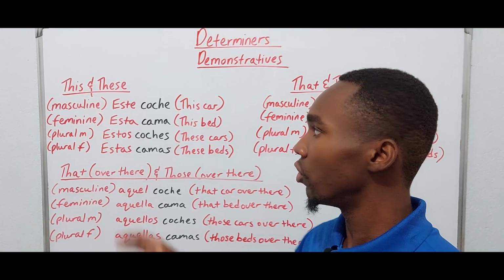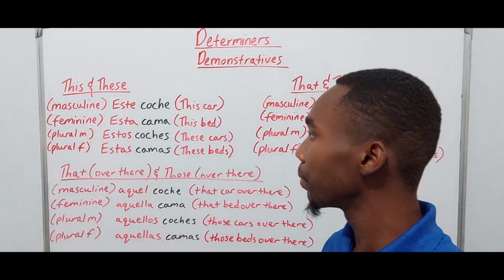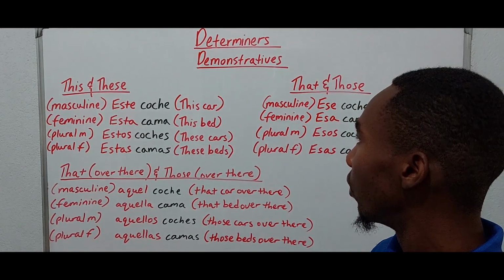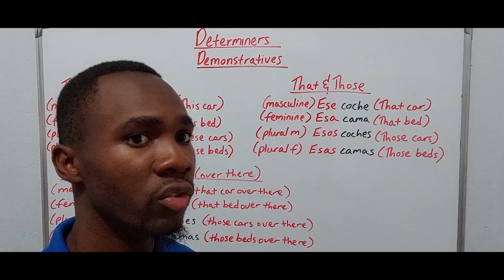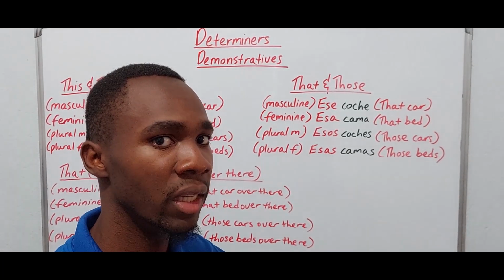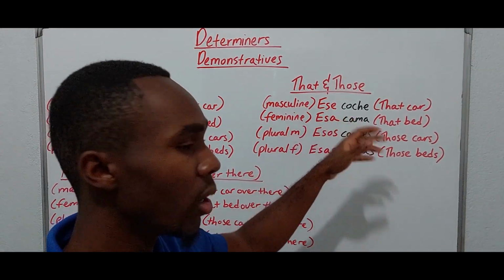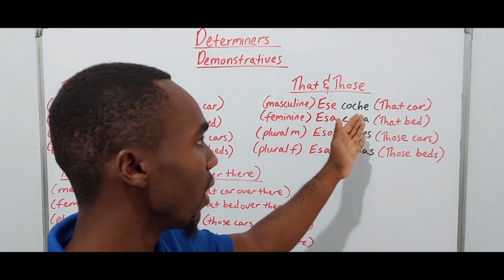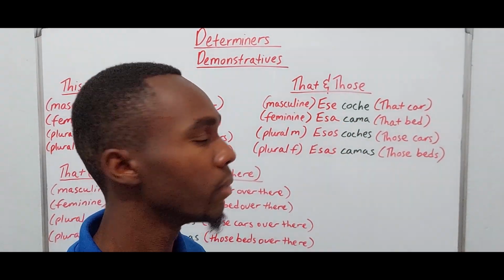So you see I have the gender and the number laid out as well. So let's move over to that and those. That would be the singular and those would be the plural. So the masculine form, that car, ese coche.